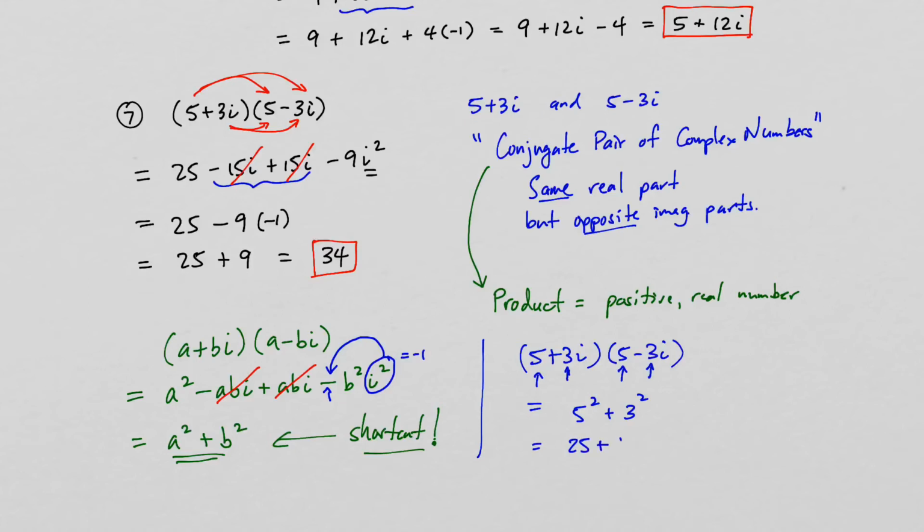And this is 25 plus 9, which is 34. Right? Same answer that we got before. So, complex conjugate pairs are really important.